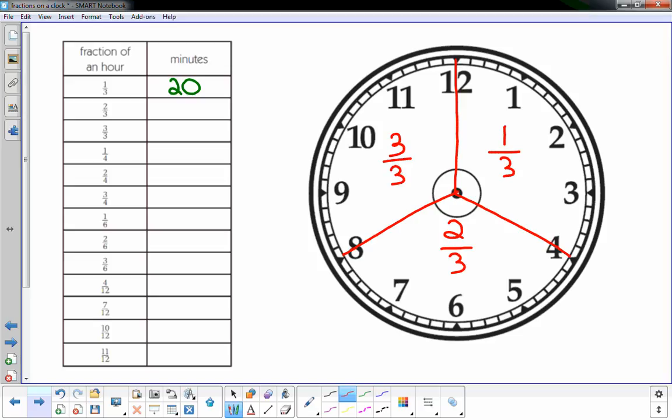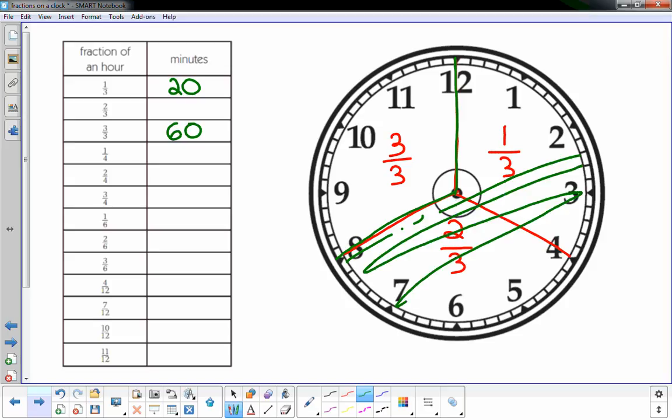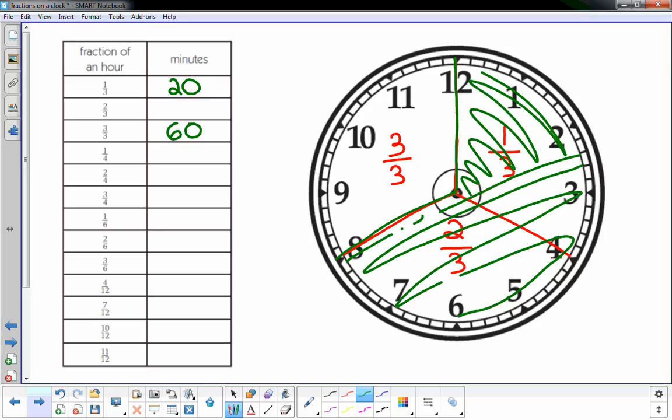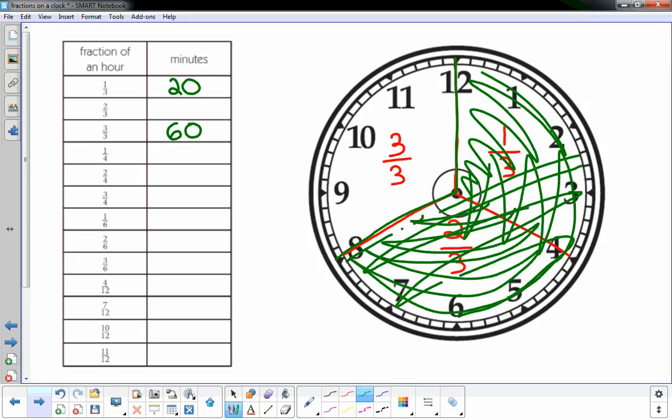So looking at this, I see that 3/3 is easily 60 minutes because it would be the whole thing. 2/3 would be here to here, and then I would shade that in. It's a lot of shading. All that is 2/3. That's 2 20-minute sections. So that would be 40 minutes.